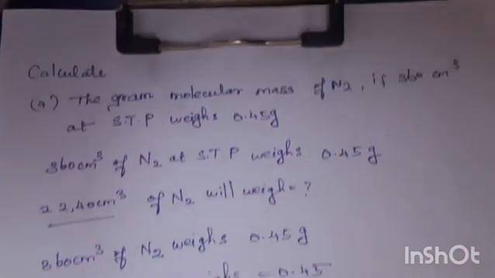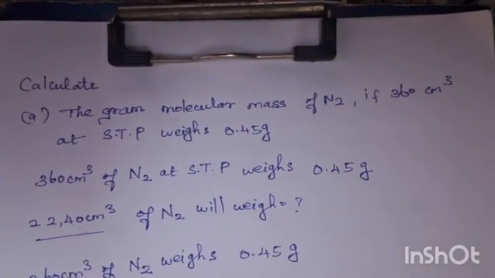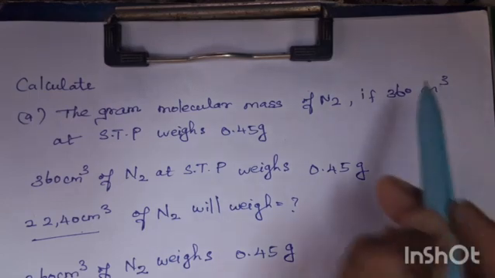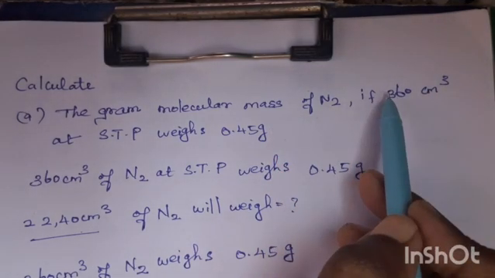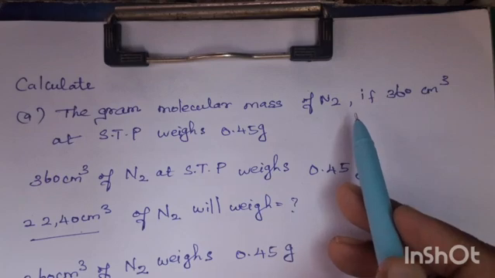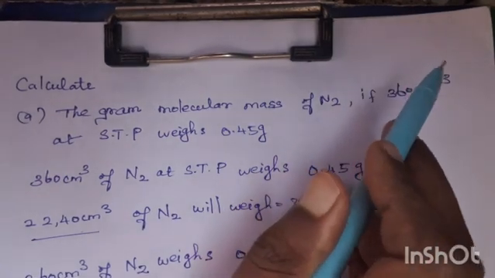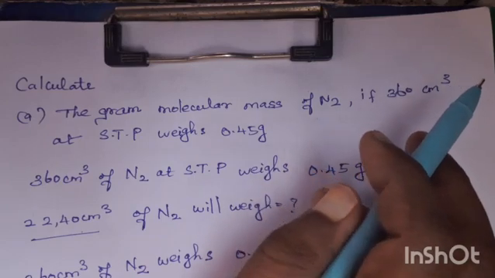So in this problem, you are asked to find out the gram molecular mass of nitrogen, and you are given the weight respective to a particular volume. We are asked to find out the weight respective to 22.4 liter or 22,400 ml.